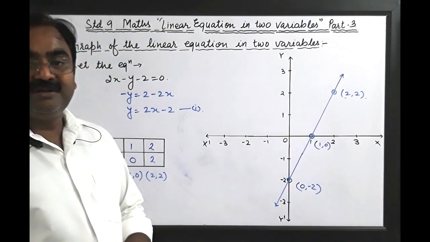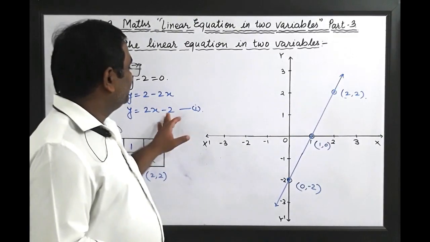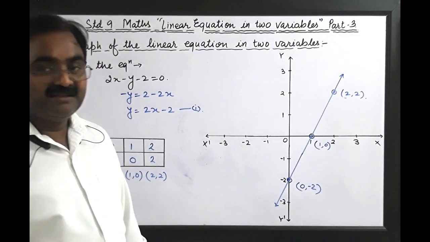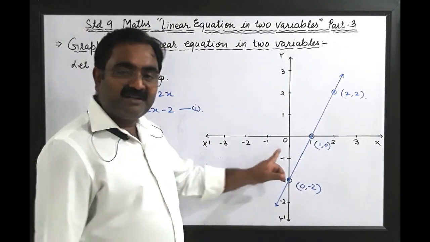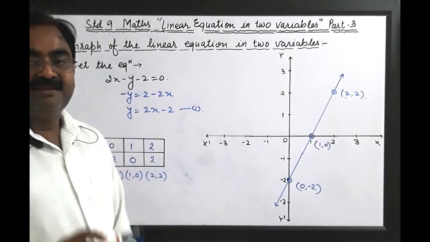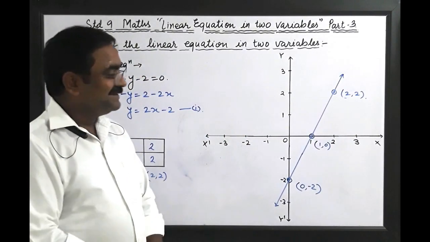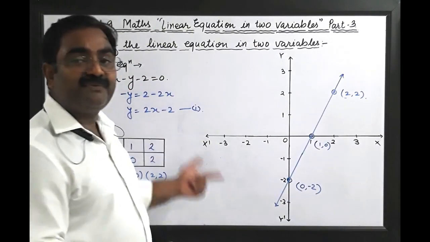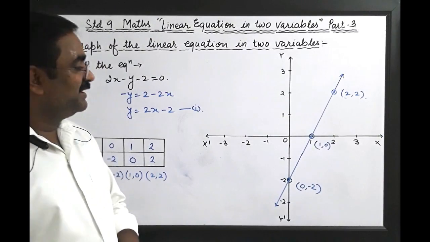So I think with the help of this video the two things are very clear. The first, why this equation is called linear? Because the graph of this equation is always a straight line. Second thing is why this equation has infinitely many solutions.